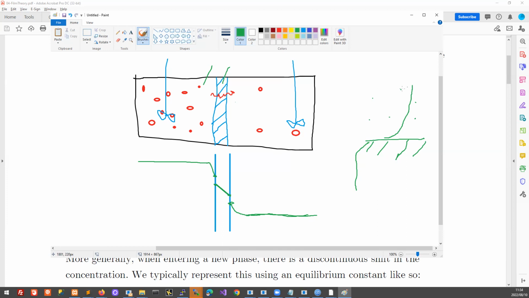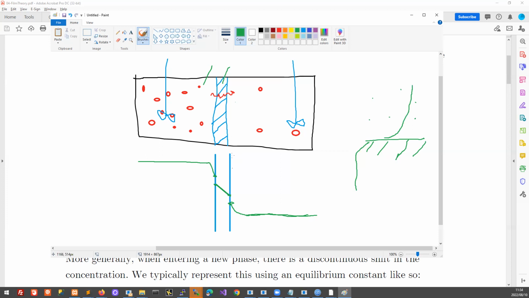In the gas, you can't tolerate densities on the order of hundreds of kilograms per cubic meter. In the gas, you are on the order of 1 kilogram per cubic meter. In the liquid, you are on the order of hundreds of kilograms per cubic meter. So there is necessarily a discontinuous jump across a phase.